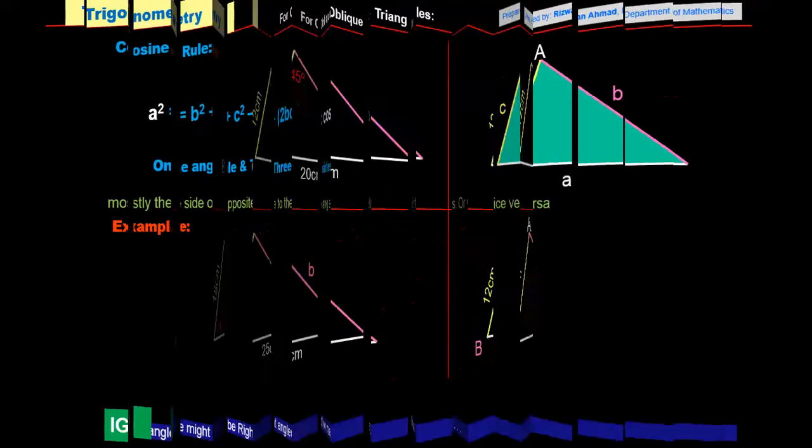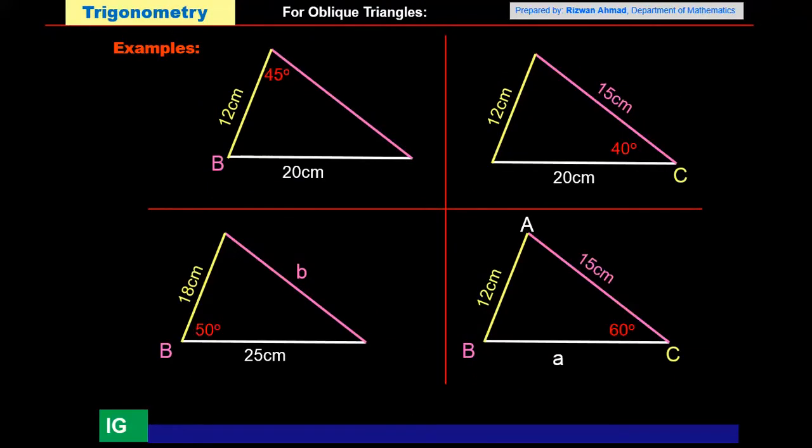So now we will have some more examples where we will decide what rule will be used and how to find the unknown. So in all these cases, if we see example number 1, this first one, here this side is missing.